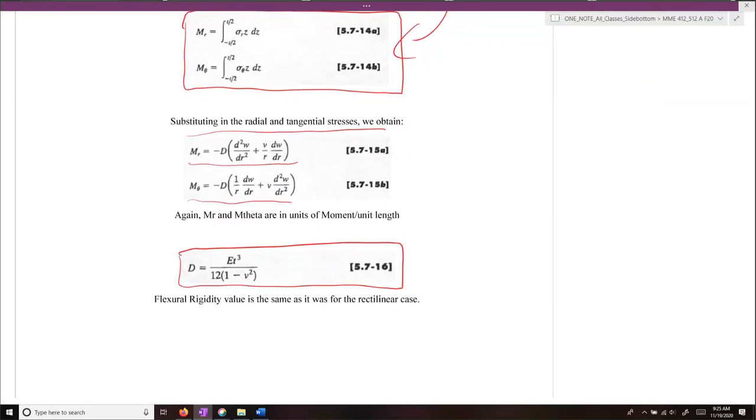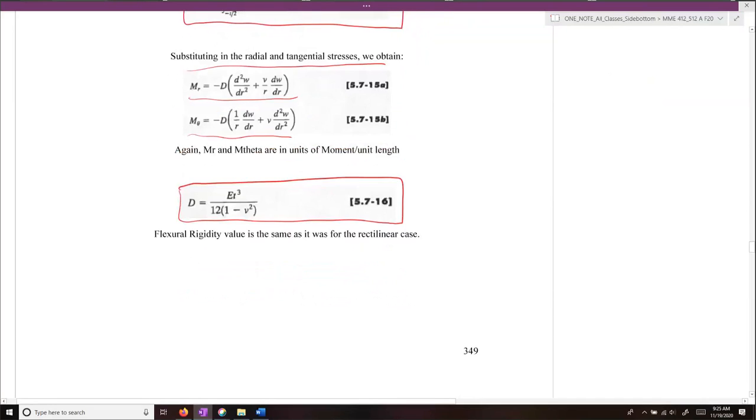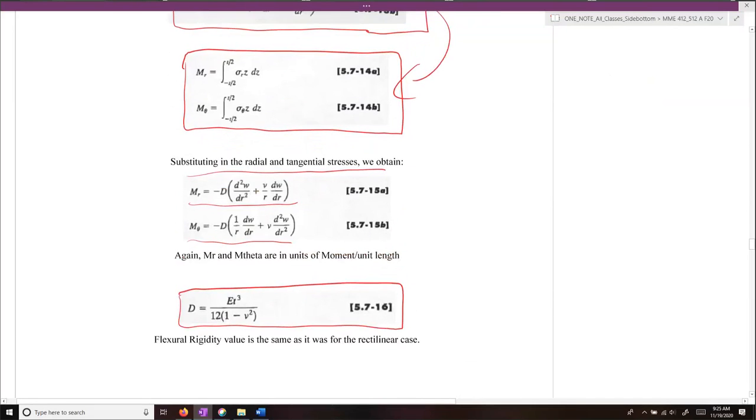The one thing you'll notice is that unlike the rectilinear case where we took the partial derivative of w with respect to both x and y, in the radial case everything is with respect to just r.